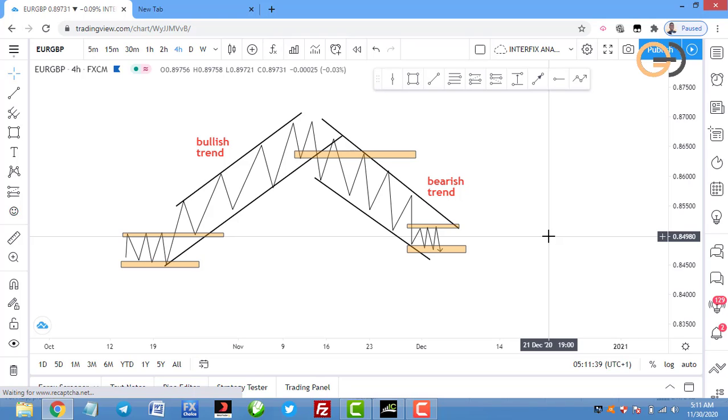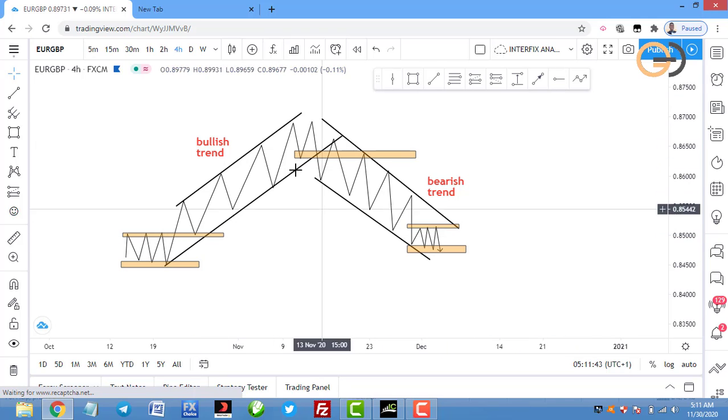With this understanding of market structure, you can break down any chart and know where the market is going. You know whether the market is bullish or bearish at that point, so you can better decide whether to take a sell or a buy, because you must always buy low and sell high.